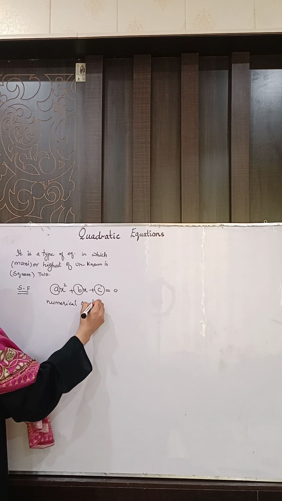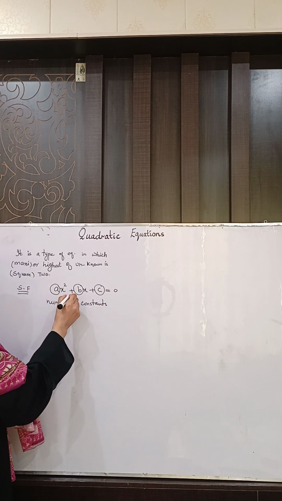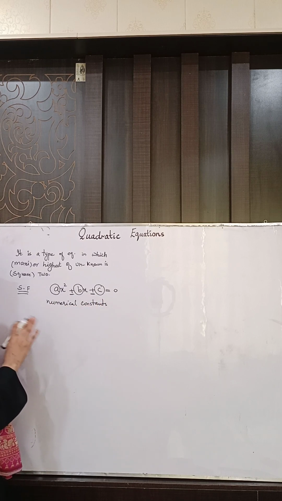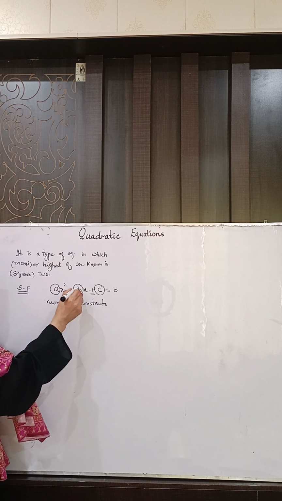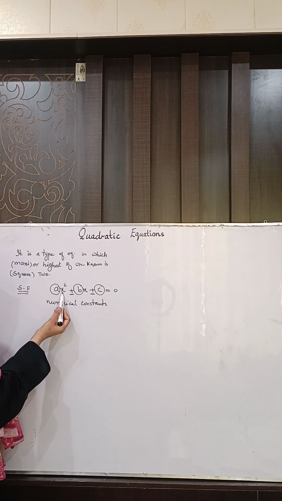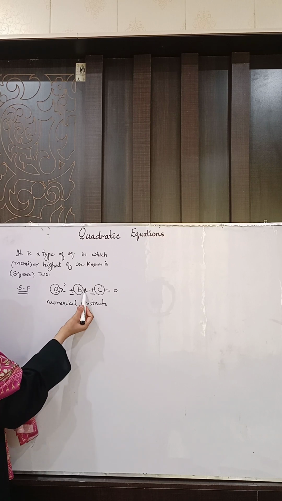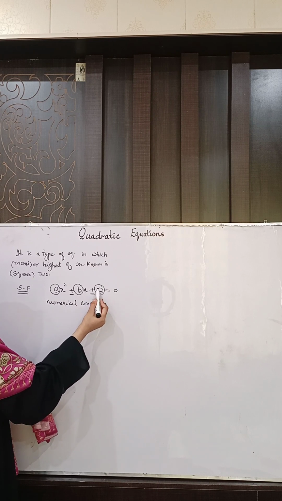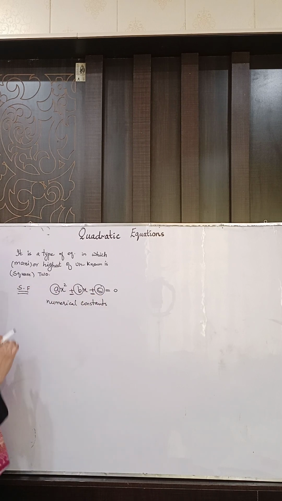In general form we always have a positive sign. If in any equation you have a negative sign, that means that sign would belong to this numerical constant. Now the coefficient of x square is a, the coefficient of x is b, and the last one, the constant term, is c.